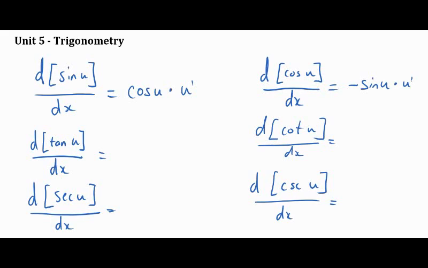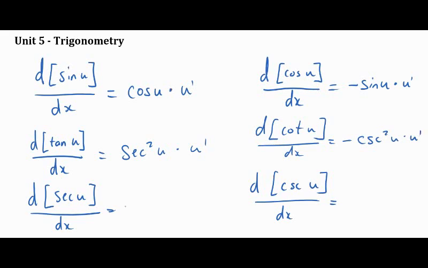And then for these next 4, you really only have to remember one, or 1.5 maybe, let's call it. And that's this one, which is secant squared u times u prime. Because then the other one is just the opposite of that, negative cosecant squared u times u prime.